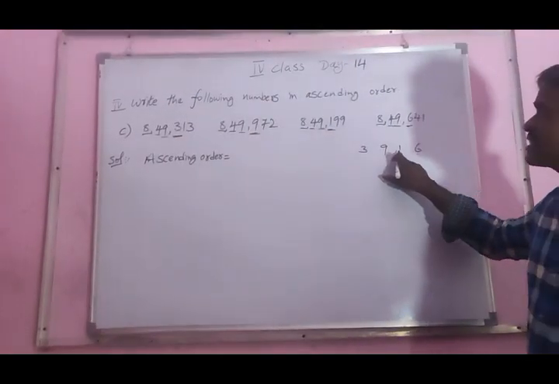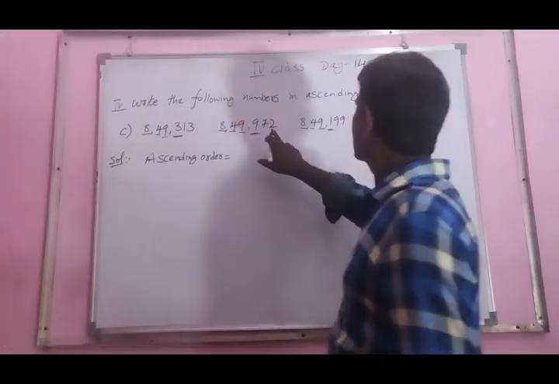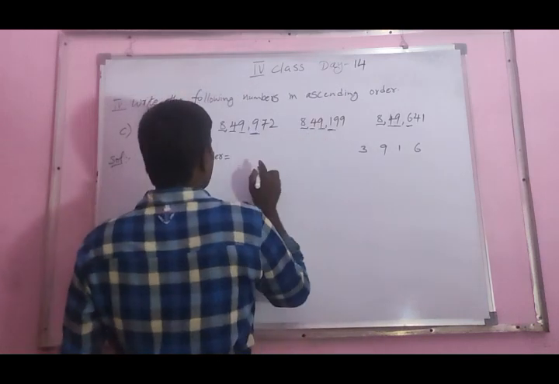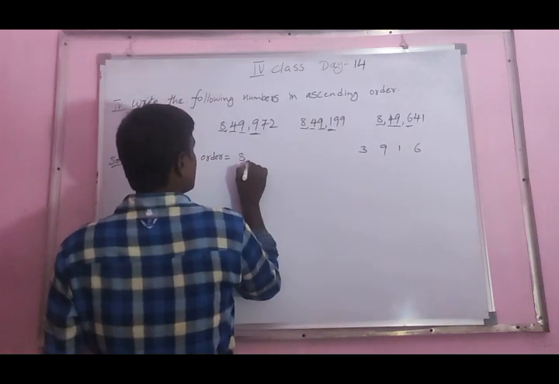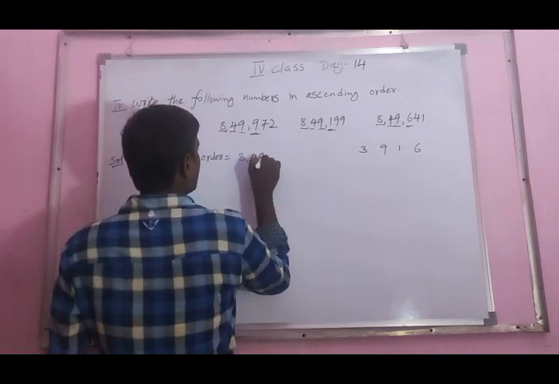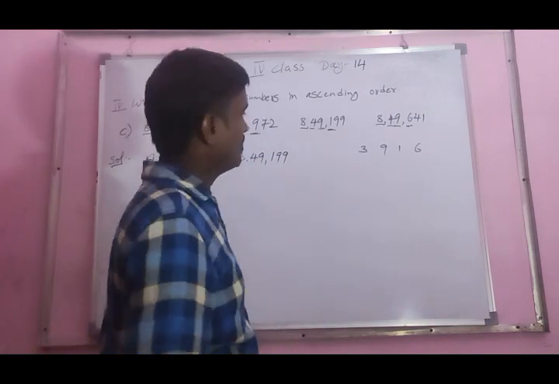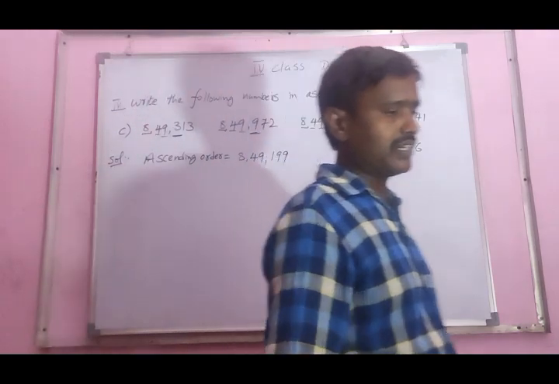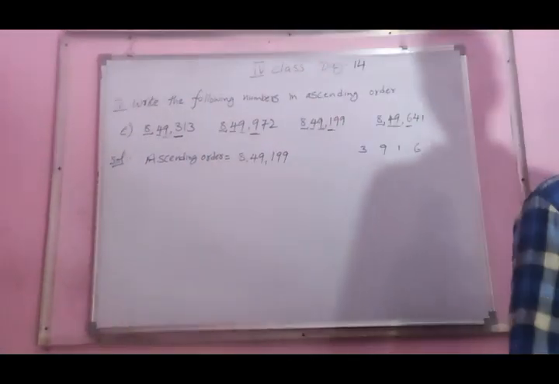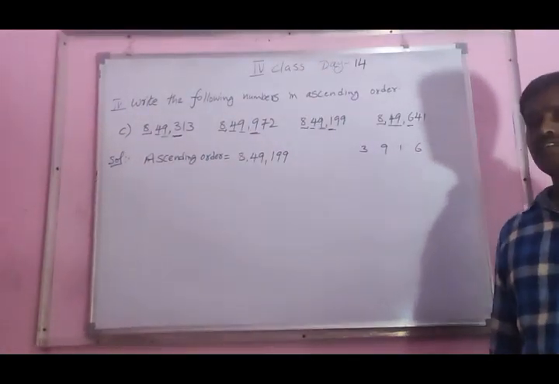So 1 means this is 8,49,199. This is the small number.